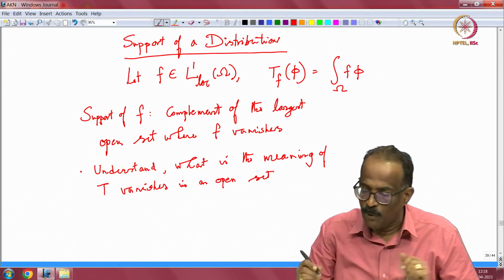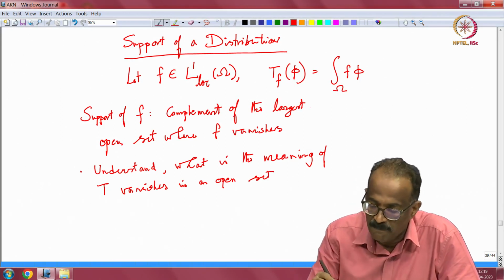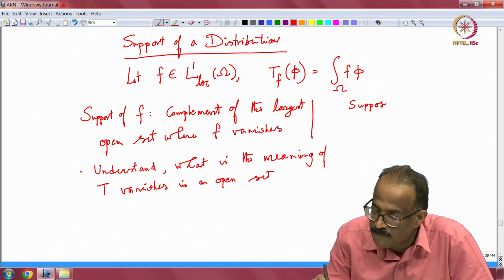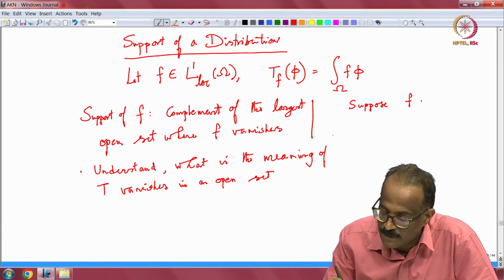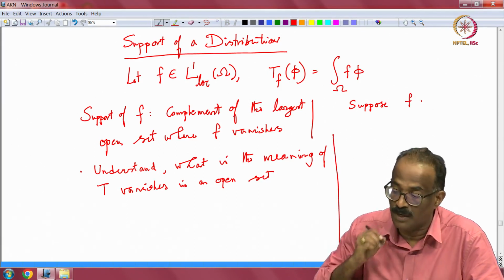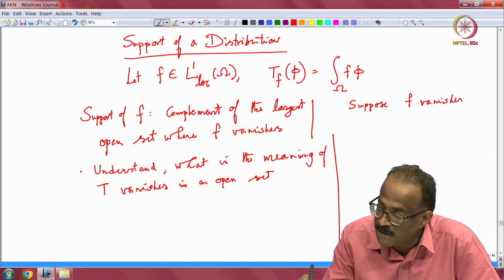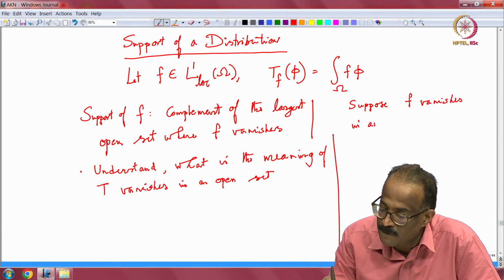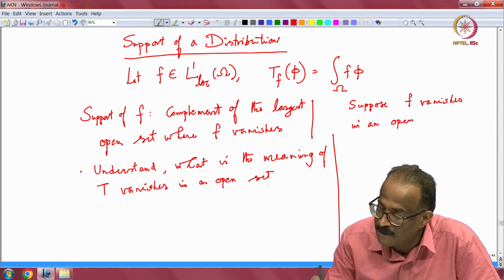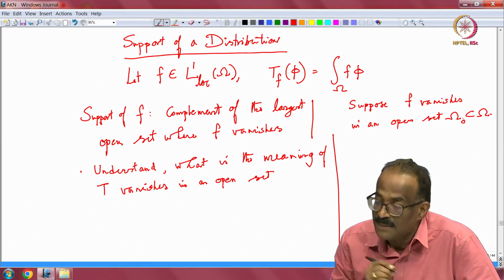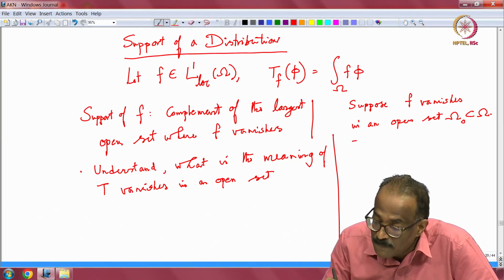Suppose now, take this one. We are trying to understand T_f first before coming to T. Suppose f vanishes in an open set Ω_0 contained in Ω. Then you can see that f vanishes on an open set.